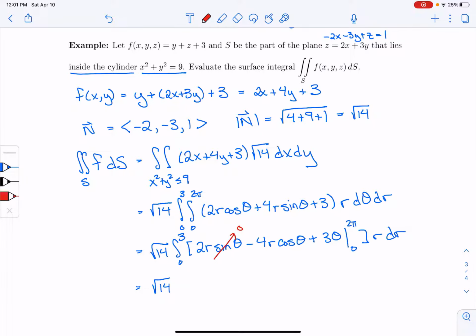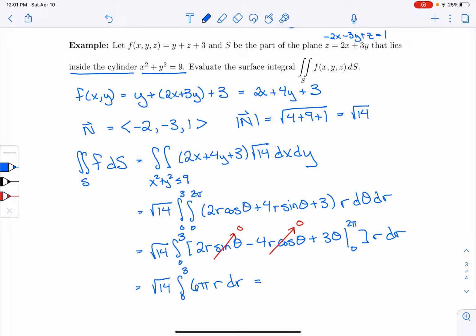So when you do this evaluation, this in fact will also become 0. And so what I'm left with is just evaluating the 3 theta. So I'm going to get the integral from 0 to 3. And 3 theta at 2 pi is going to give me 6 pi. And then I'm going to have r dr.